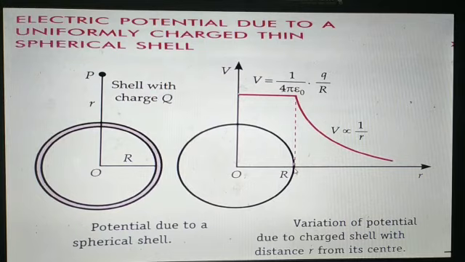When the value of small r is greater than capital R, that is outside the sphere, the potential decreases exponentially with the distance.